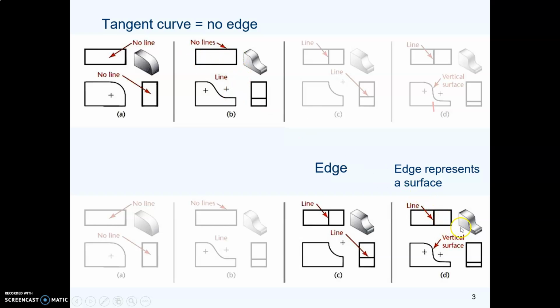In the lower right corner, here is a part that has curves on it, but it's got a vertical surface straight up and down. And so in this top view, you would draw a line because if you put this part inside your glass box and traced what you saw, you would see a line where that straight up and down edge appeared.